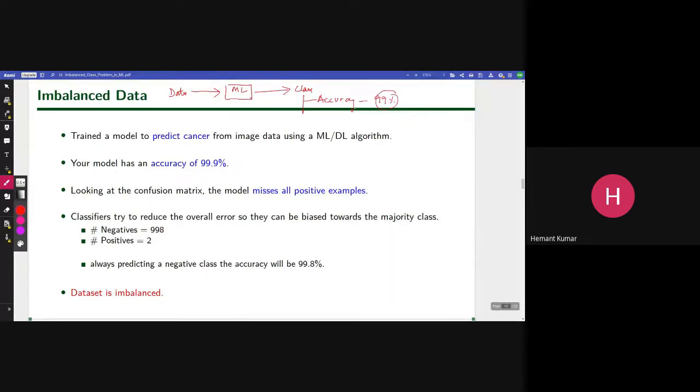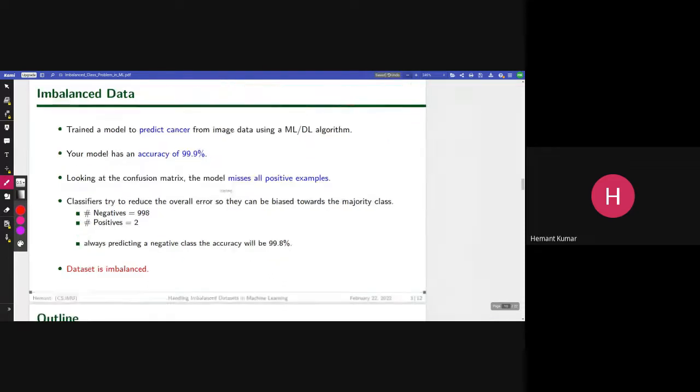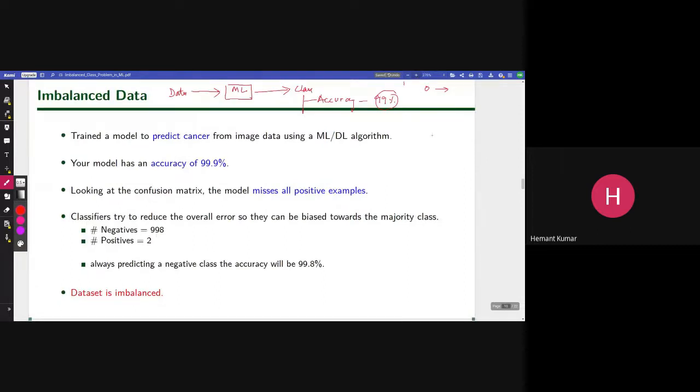But in imbalanced cases, that 99% accuracy belongs to the majority class. Assume there are 200 samples, where class 0 has 150 samples and class 1 has 50 samples. So the output or accuracy of the model is biased towards the class 0 samples. So this is imbalanced data, or the imbalanced class problem.